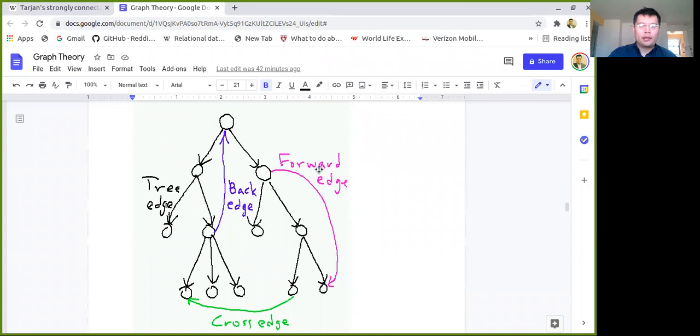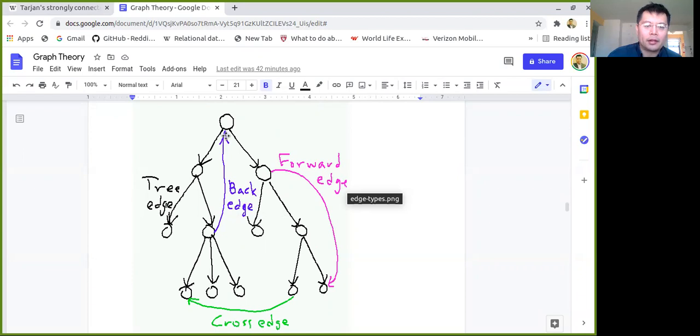In this graph, let's define three kinds of edges: back edges, cross edges, and forward edges. This blue edge is called a back edge because this edge goes from a descendant to its ancestor.